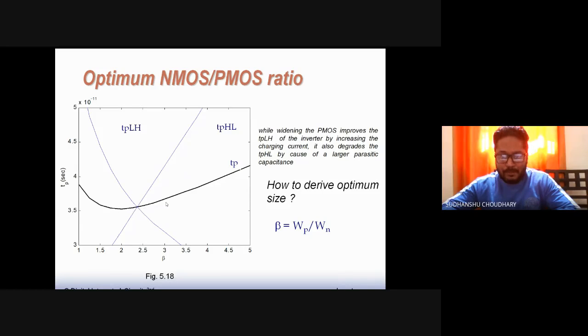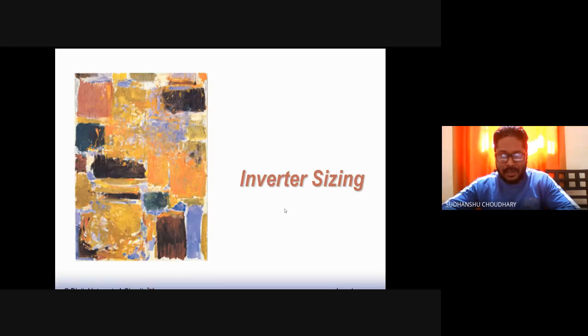Then we arrived at this question: how to derive the optimum size of your devices in a gate. So let us try to define the size of the gate. When I say size of the gate, I obviously mean the sizes of the devices inside the gate.